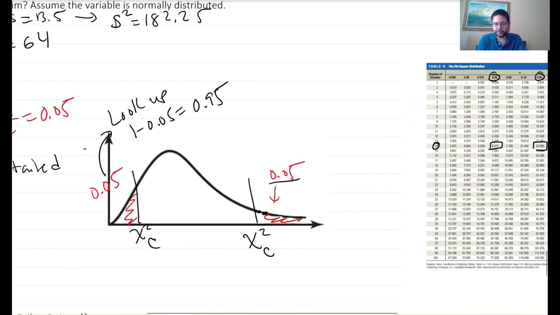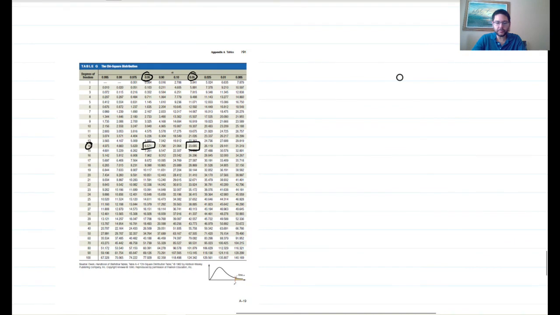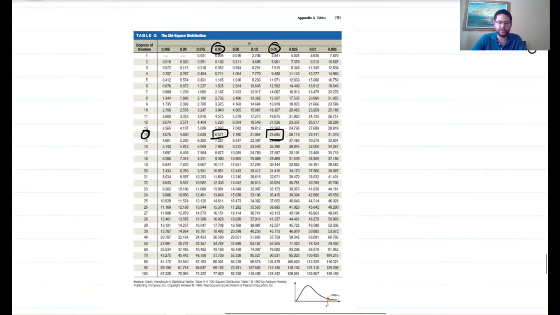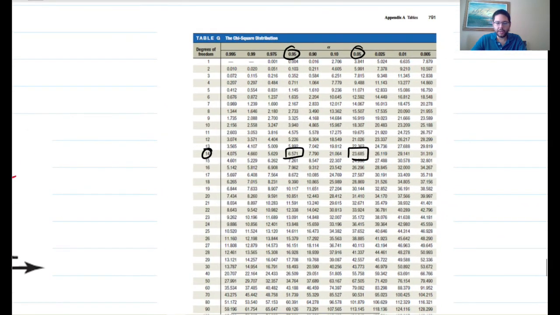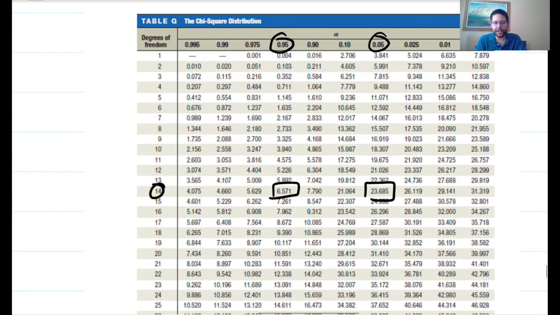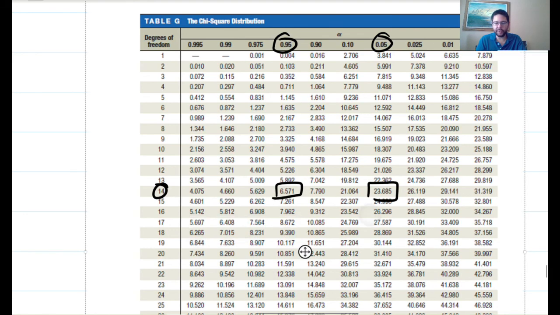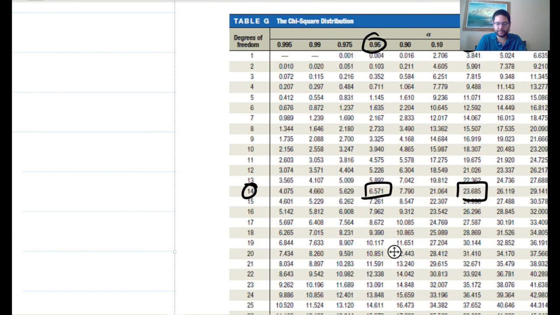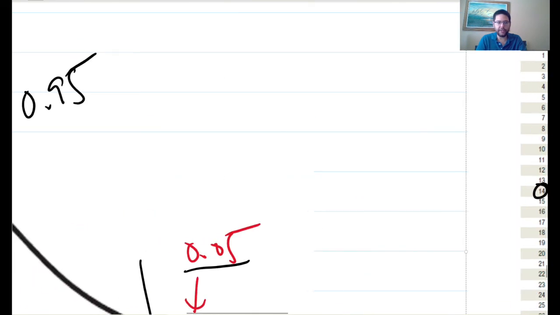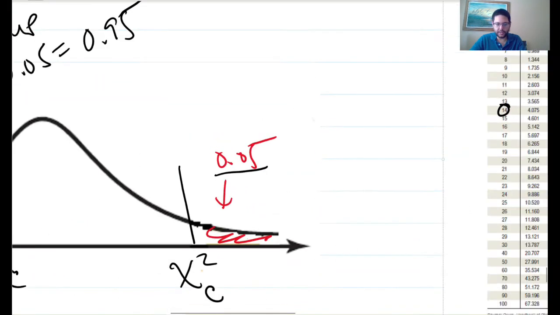So we're going to go over here. I went ahead and already selected those just to save us a little time. But we have 0.95 here, 0.05, 14 degrees of freedom, and then we got our two critical values, 6.571 and 23.685. Let me go ahead and write those values down real quick.